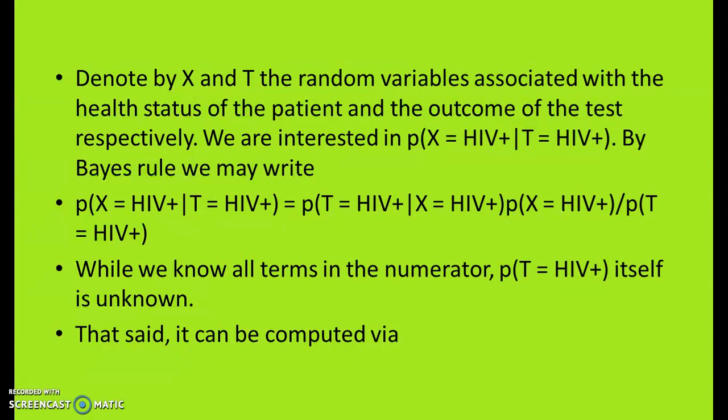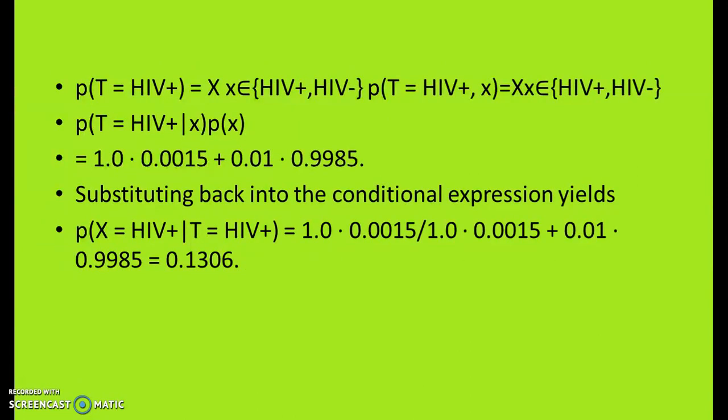What I would recommend is to go back and write down Bayes rule. When you compare this with Bayes rule, you'll get more clarity on what exactly we are talking about here. While we know all terms in the numerator, P of T equals HIV positive itself is unknown.